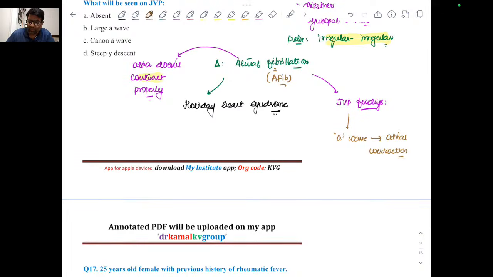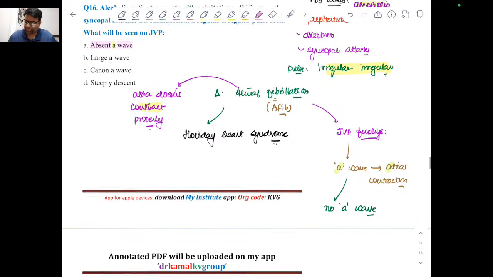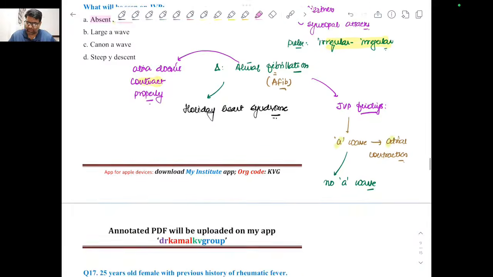This is one fact. Okay, so A wave, atrial contraction. Now we know that in atrial fibrillation, the atria is not contracting properly. So obviously there will be no A wave. So that's the classical correlation, and the answer will be absent A wave, right? So in a case of atrial fibrillation, there will be absent A wave because the atrium is not contracting properly. So that's how you will answer this question.